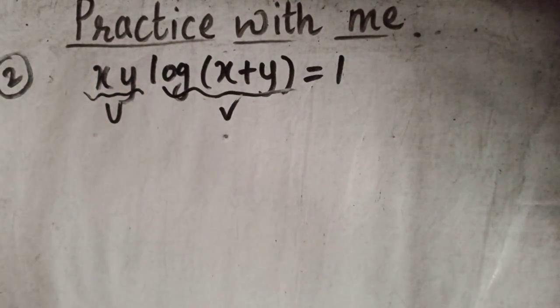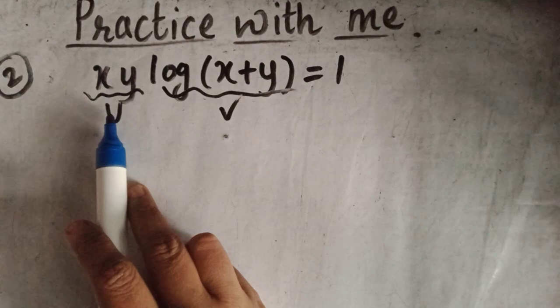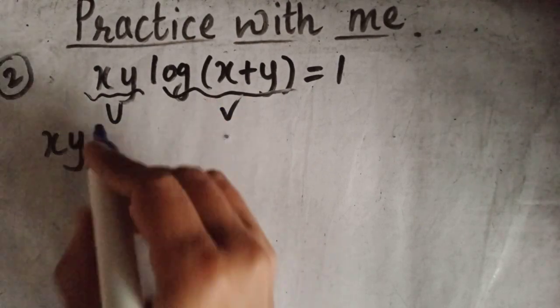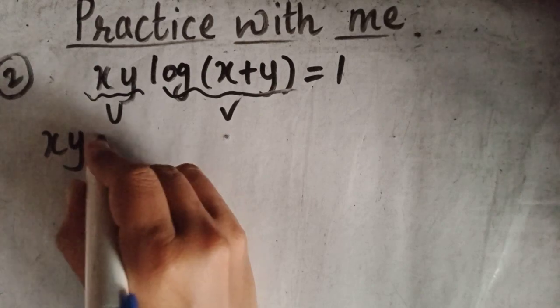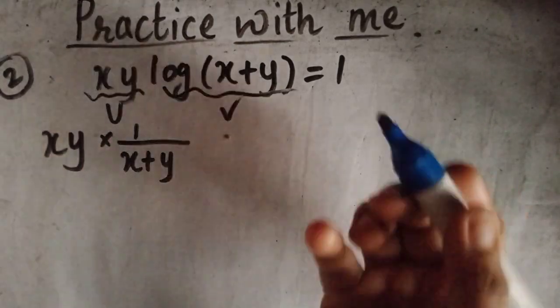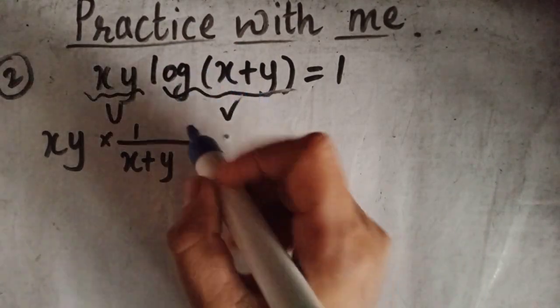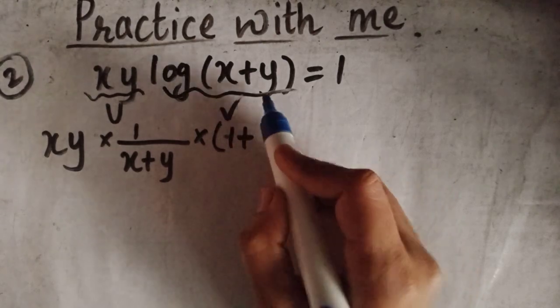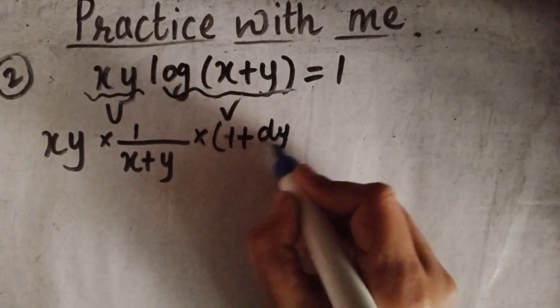So you have to do the derivative of the uv function. First I'll keep u as it is. Derivative of this is 1 upon x plus y, and derivative of x plus y, that is 1 plus derivative of y, dy by dx.